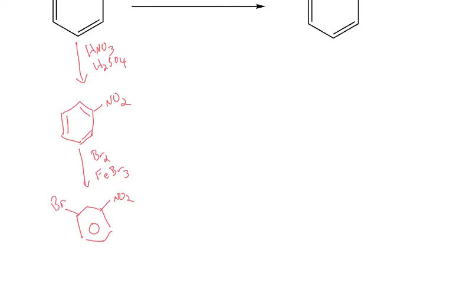Okay, now that I have two groups on, I can then finish the process of converting this into an OH. So my first step is to get it into an amino group. In this section, the book has used H3O plus here. Back in the previous chapter, we were using HCl, so that's why I'm using HCl here. Then we'll hit it with NaOH.